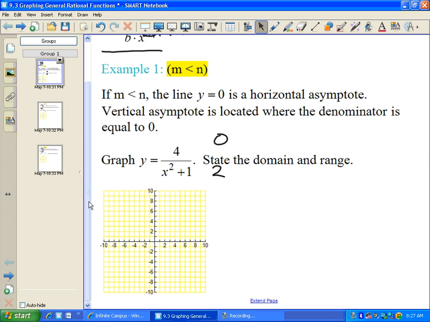So, if m is less than n, the line y equals 0 is a horizontal asymptote. The vertical asymptote is located where the denominator is equal to 0.